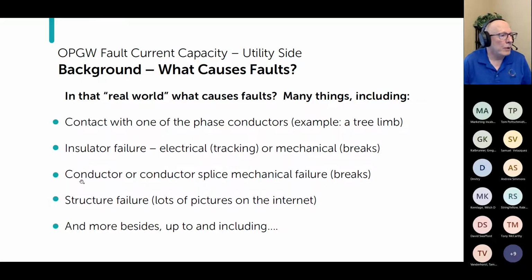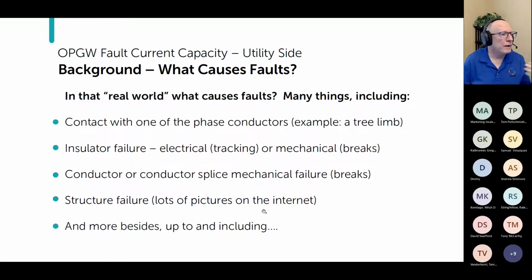A conductor can break, or a conductor splice can break. A structure can completely fall over. There are lots of pictures on the internet of that, particularly during bad storms. You have structures fall over. And there are lots of other possibilities. Lightning strikes can induce an arc flashover.